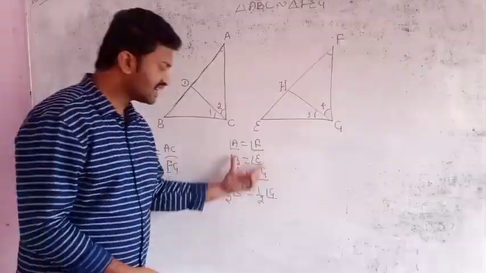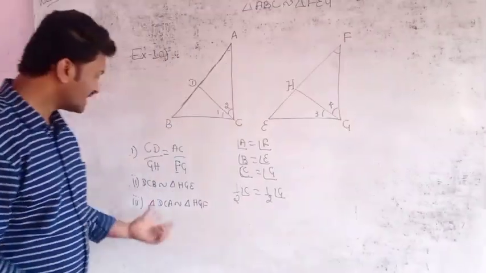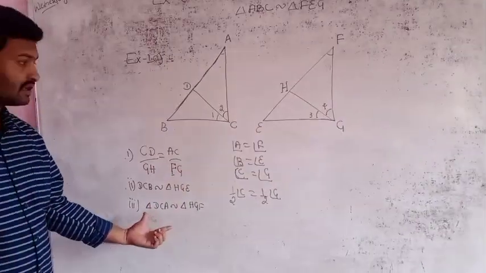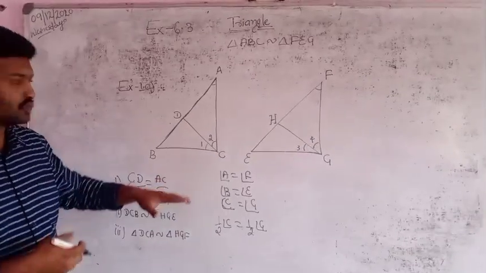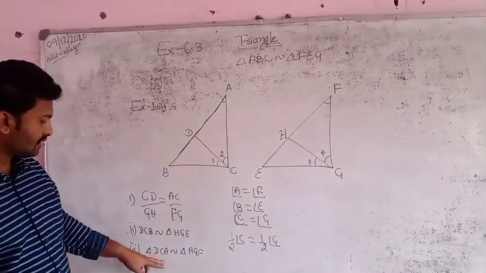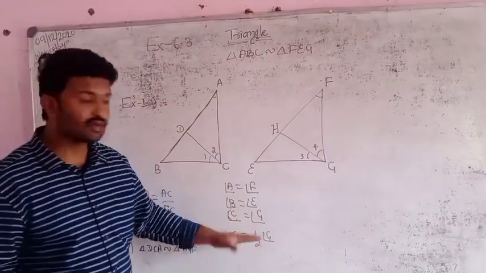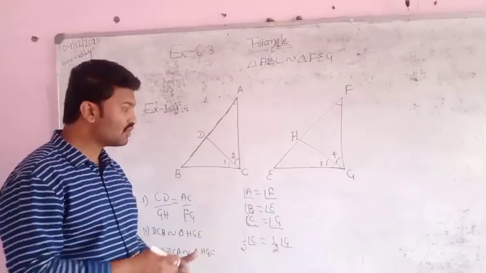With the help of the given points, we will try to prove the remaining three. First, we'll prove this triangle. With the help of the given things, we can prove the remaining. How?